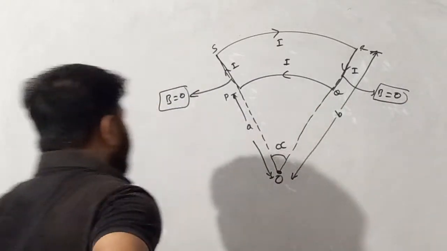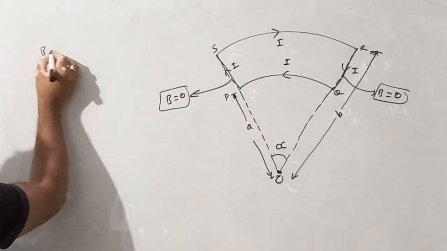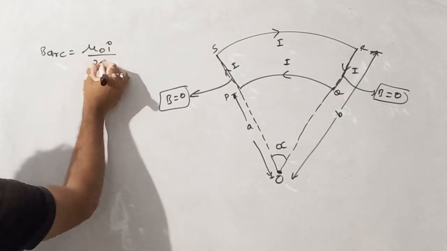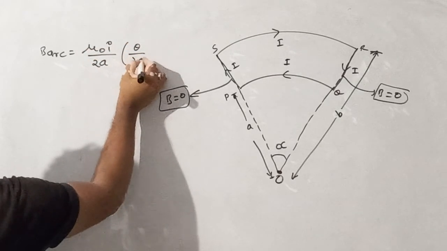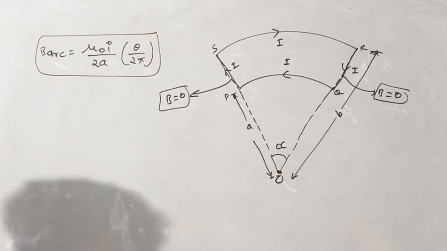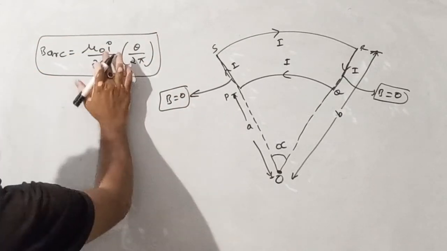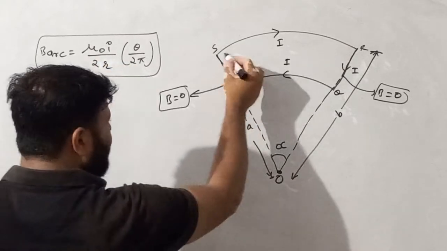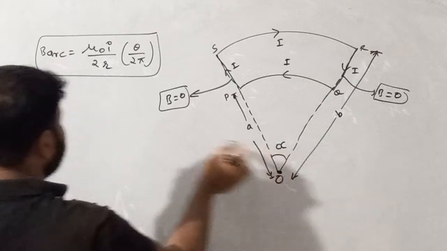Now see. The magnetic field due to an arc is nothing but mu naught I by 2a, theta by 2 pi. A is basically the radius, so I'll write here R. Both the arcs are subtending angle alpha.